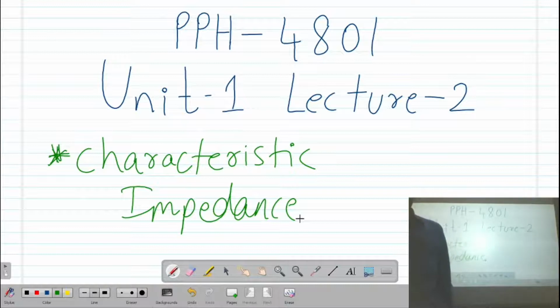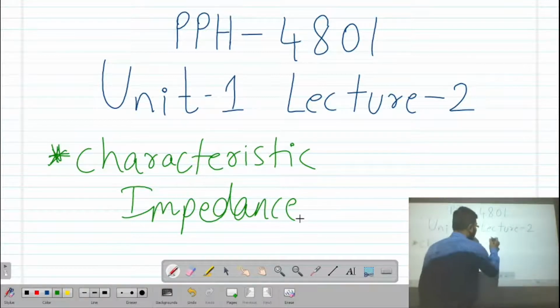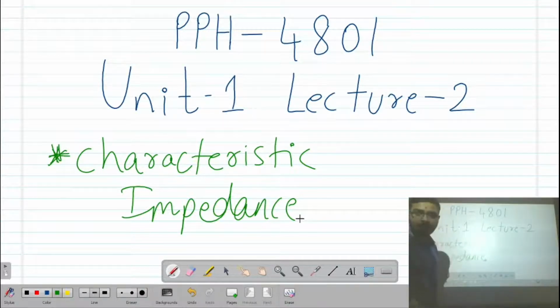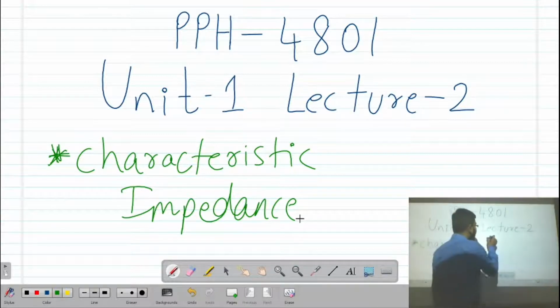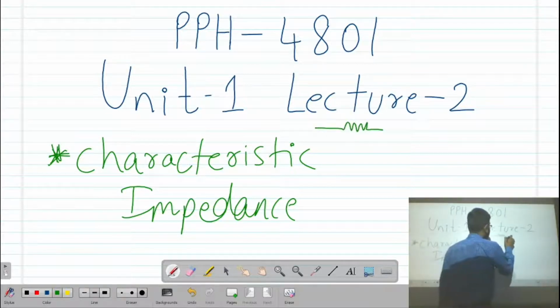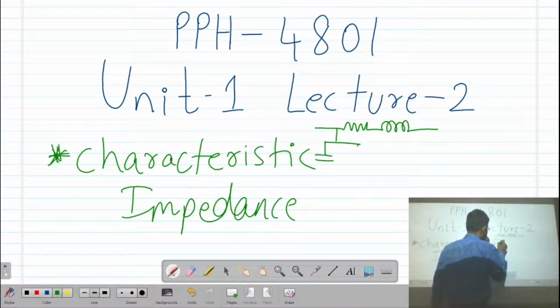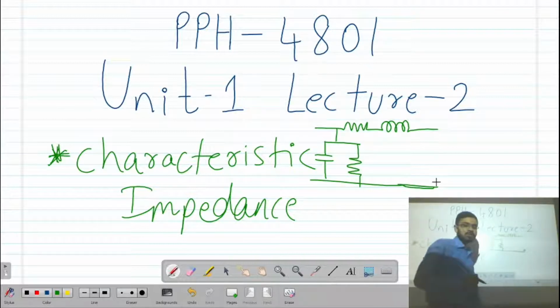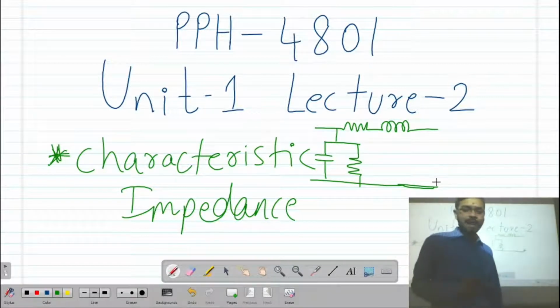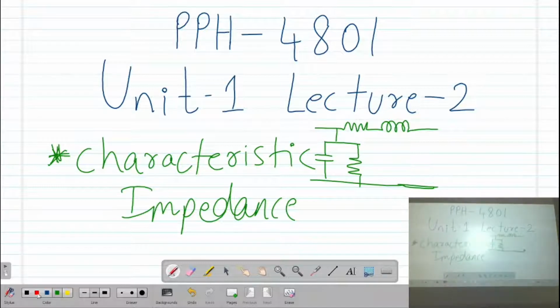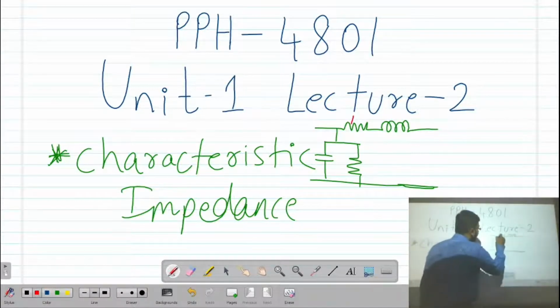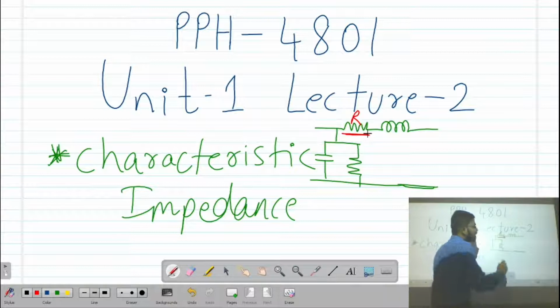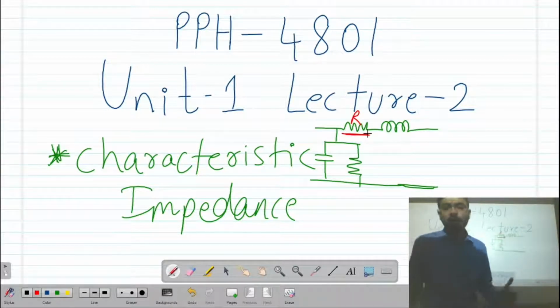As we have already studied, in the equivalent circuit diagram we have resistance, inductor, capacitor, and conductance, right? Inside this circuit, the value of R will be a real quantity.